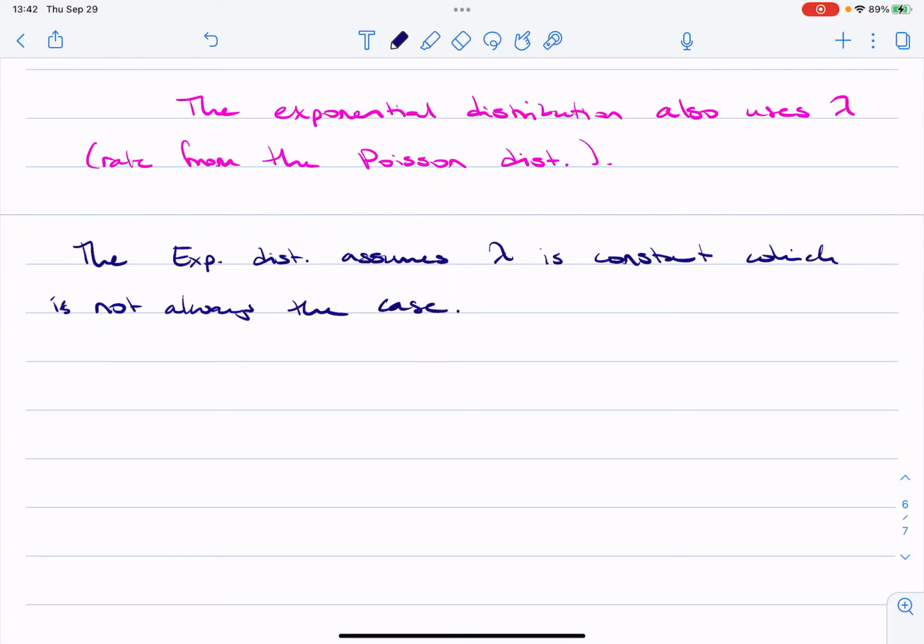In those instances, when it's not constant, we can break up the interval where we can assume that the lambda is constant, and then we can change the lambda over time.